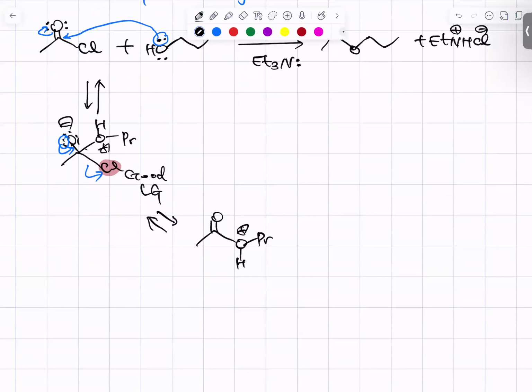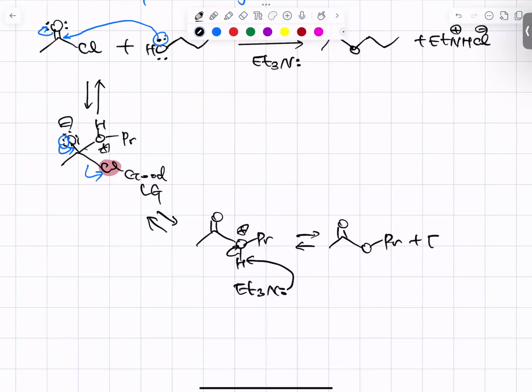Let me use triethylamine as a base, take this proton, and form the ester. And here triethylamine is now positively charged.